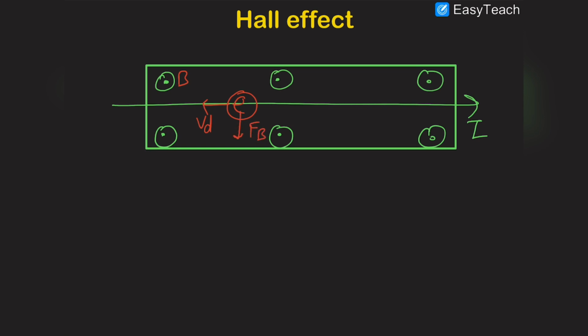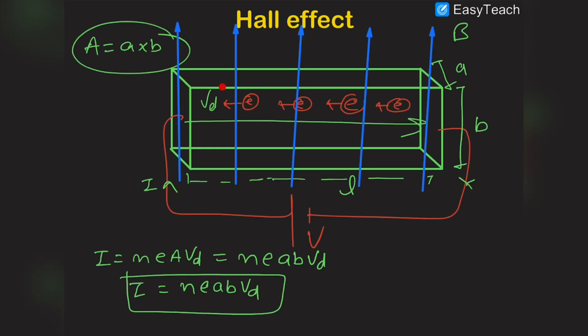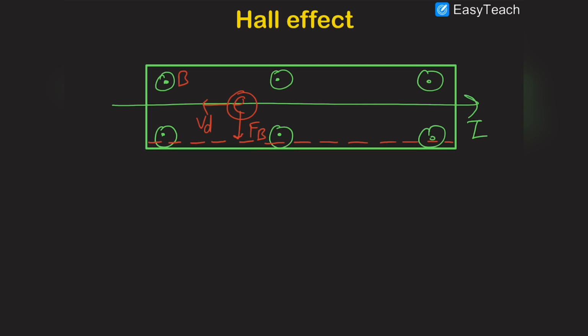This is the magnetic force, and therefore these electrons will be getting deposited over this front face. So there will be a deposition of electrons over this face due to the magnetic force, and hence an opposite charge, a positive charge, will be deposited on the other opposite face. And you can also see that an electric field will be developed like that.